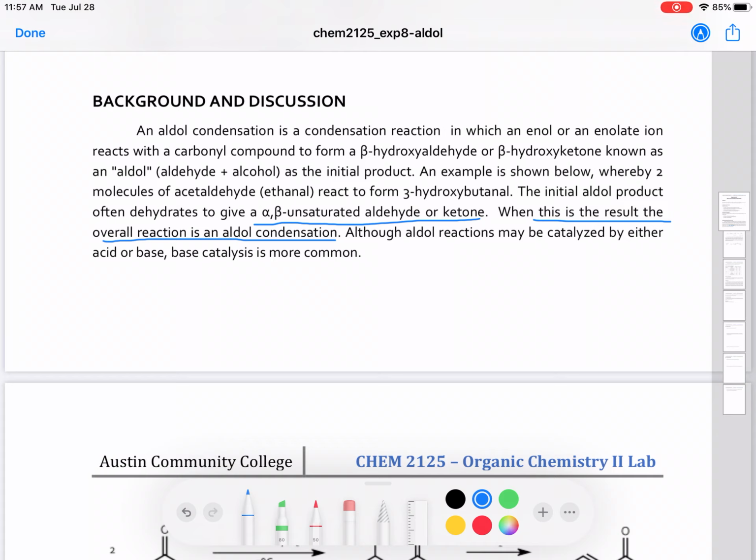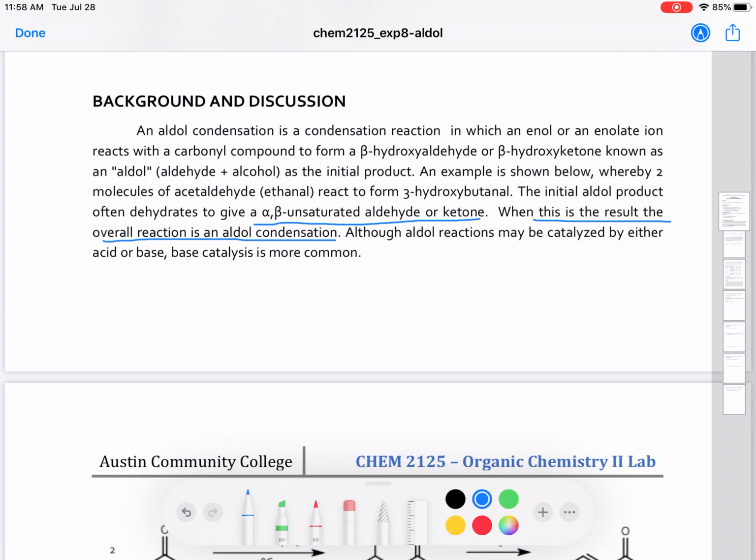The meaning of the name condensation is that when you put two molecules together, they form a product by removing a small molecule. Sometimes it could be a water molecule, sometimes an ammonia molecule, like when you are forming a peptide bond or an ester. Sometimes you can call those condensation reactions as well.